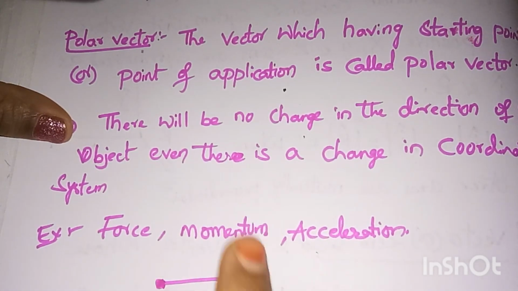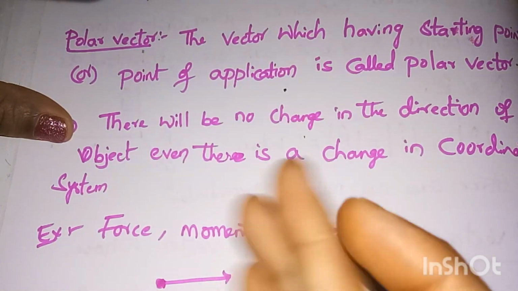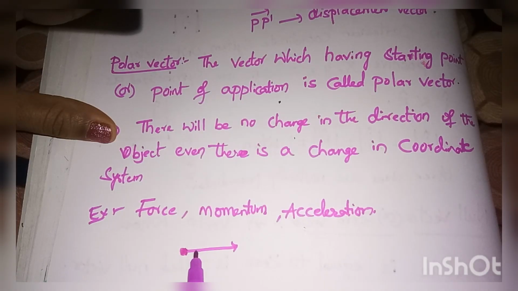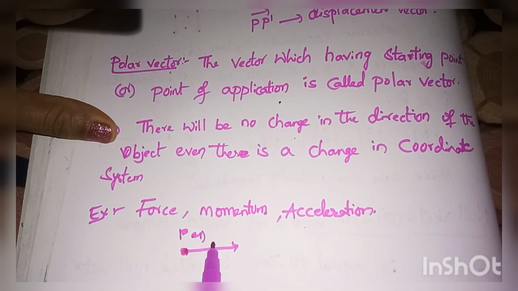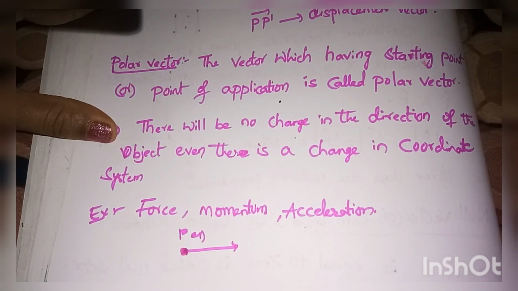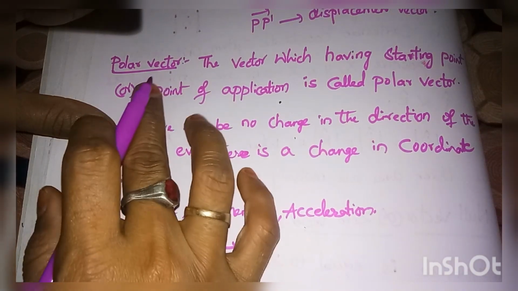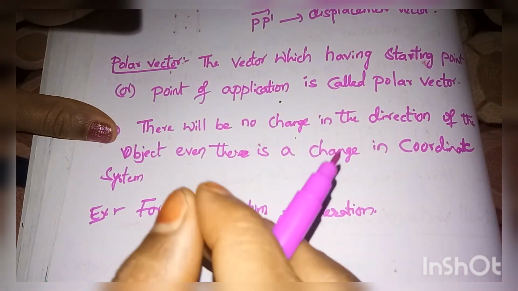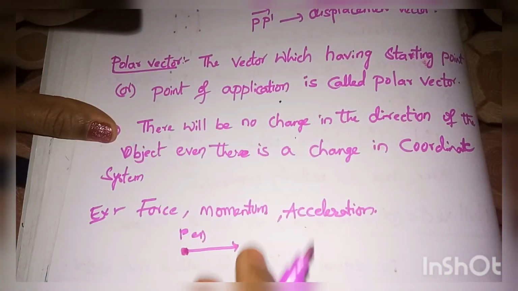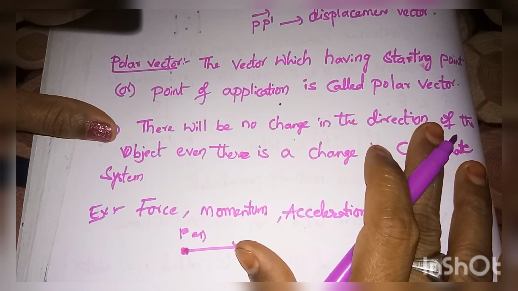Without any force we can't find momentum, acceleration, or velocity. This is a pen. If we apply a force on the pen, the pen will move in the direction of the applied force. We know the starting point of the object where we are applying the force, so that is called a polar vector. You should know the starting point or point of application of an object. That vector is called a polar vector.